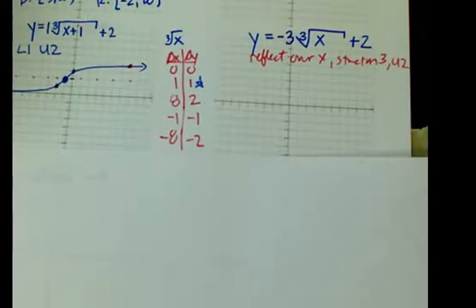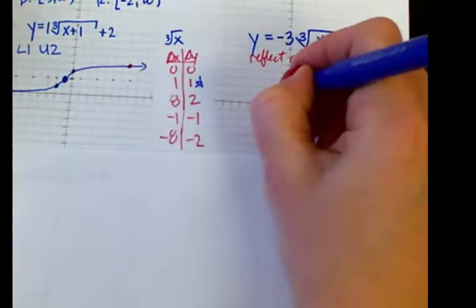Up 2 on the y-axis, but your shape is right. You just got to put that center in the other place. Okay, so we have my center is right here.